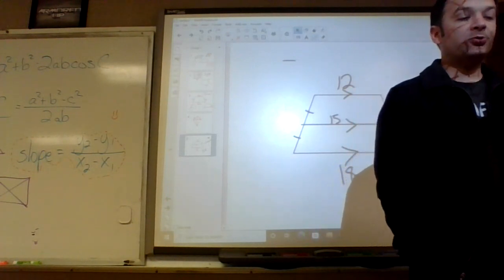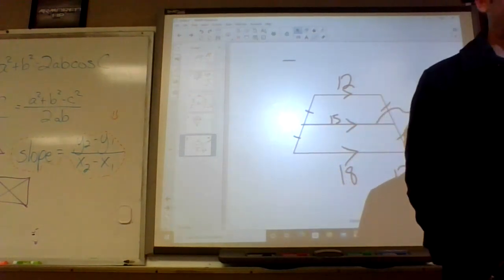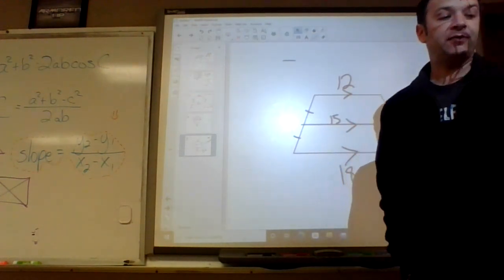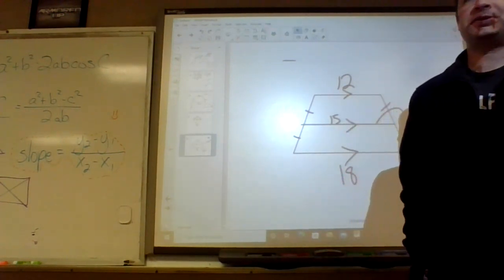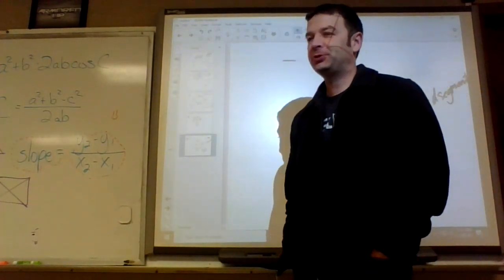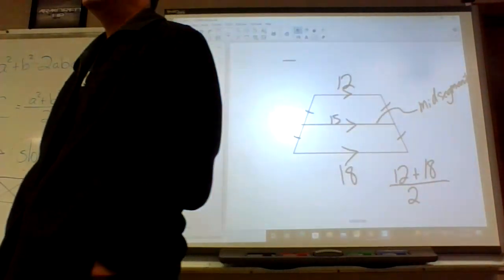If A is 125, what would angle D have to be? 125, yes. On isosceles trapezoids, those are the same.